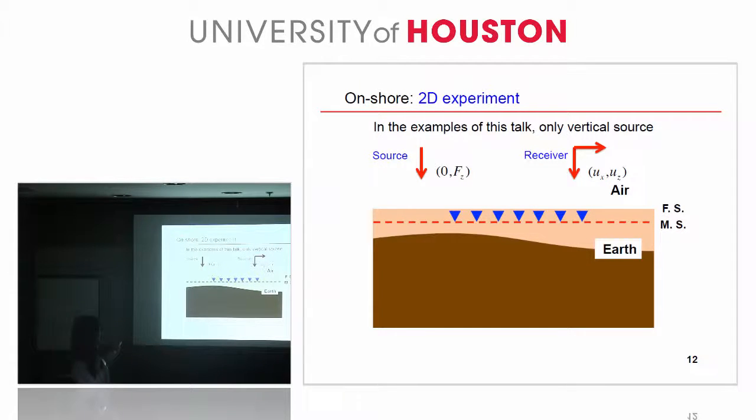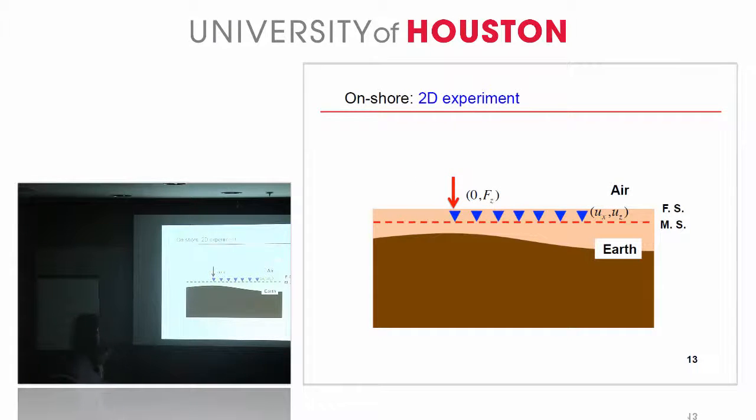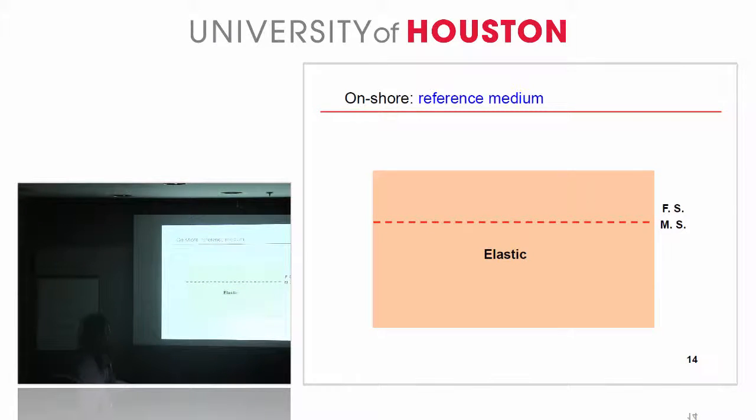Just for simplicity, we put a vertical force here. And now we put this source on the free surface, and at the receiver side, we measure the displacement in x and z directions.